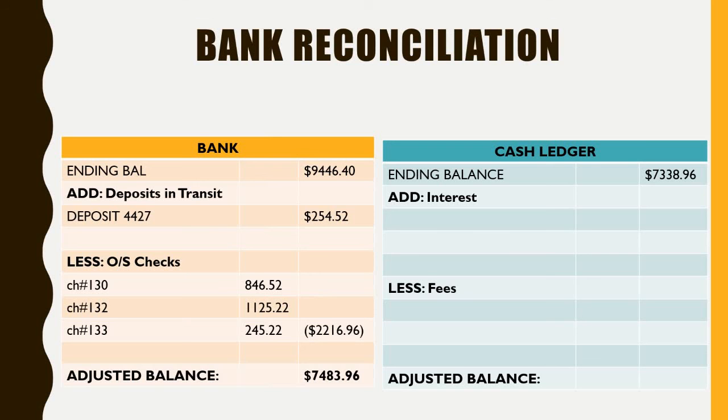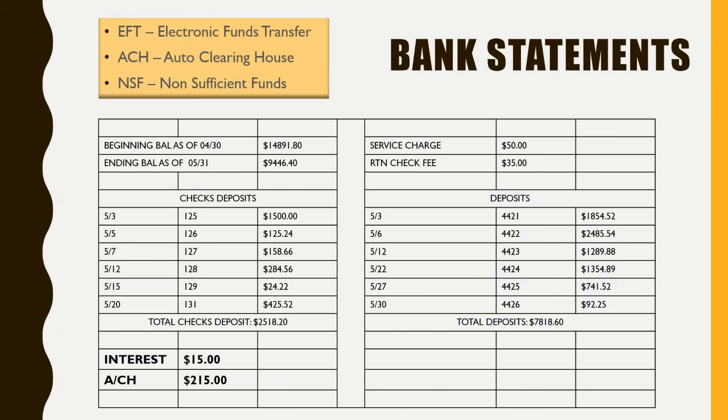Okay? Again, I'm going to add any interest that was collected from the bank. So in this case, we're going to go look at our bank statement again. It can vary on where it's located, but oftentimes it could be at the bottom of your bank statement. It could be at the very top of your bank statement. You just got to look for it.